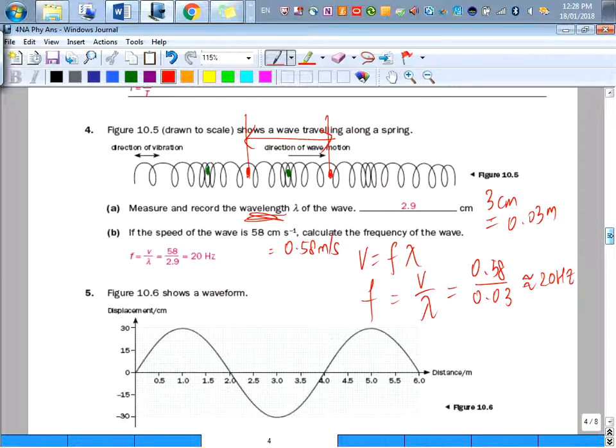Here we have a waveform. Take note of the axis, displacement, distance. What are some of the things that I can tell from this diagram? Jia Yi, what are some things that I can tell from this diagram?